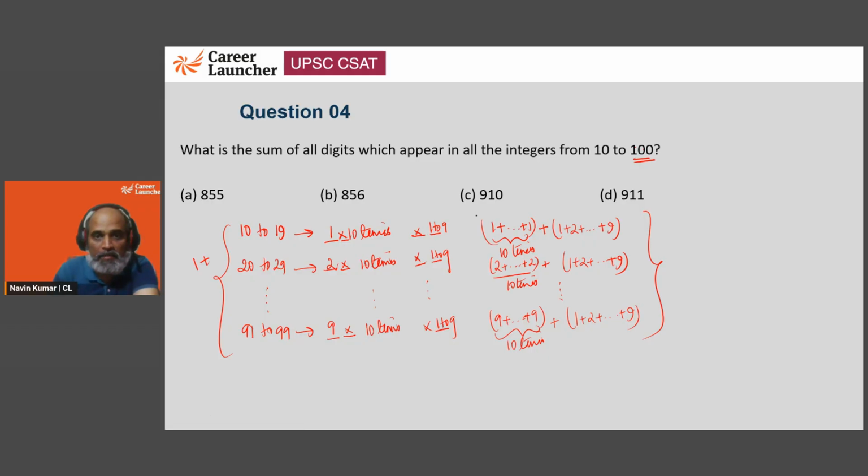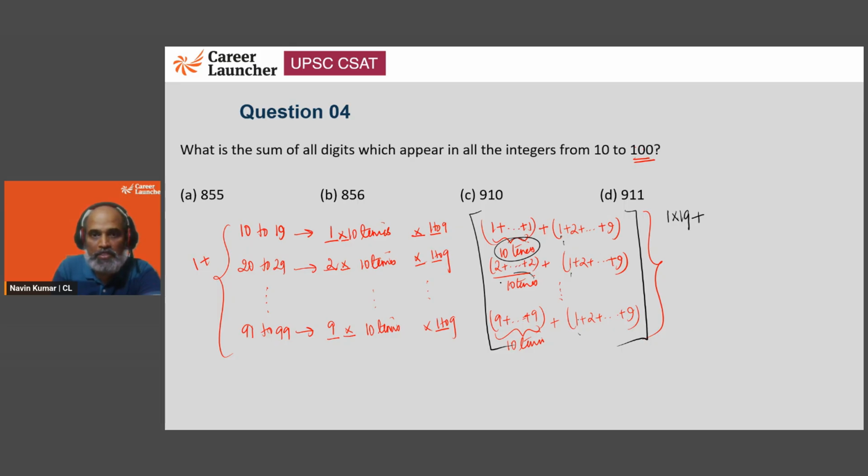Now, what is the sum of all these numbers? Basically 1 to 9, each digit is written 9 times at the units place. Then 1 is getting added 10 times at the tens place and 9 times here, so that's going to be 19 times.